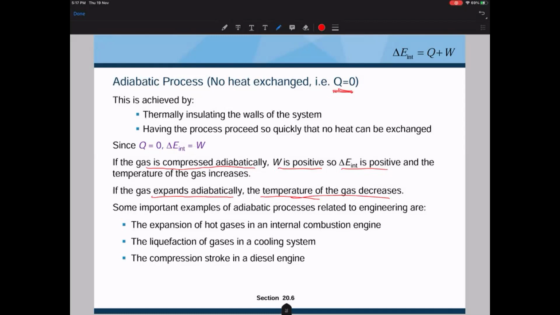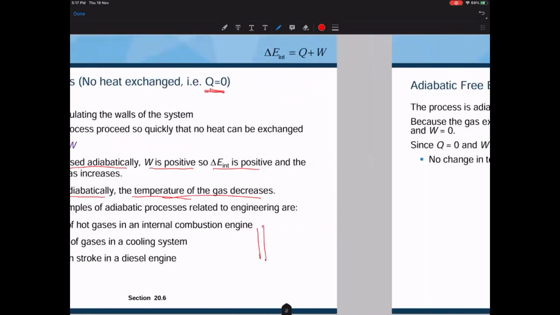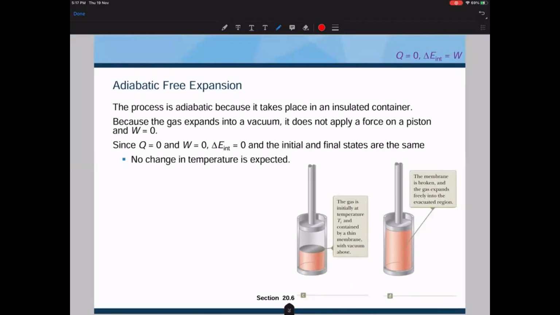So here are just some examples of adiabatic processes. And this is the case we just talked about. Gas expanding to the surrounding.